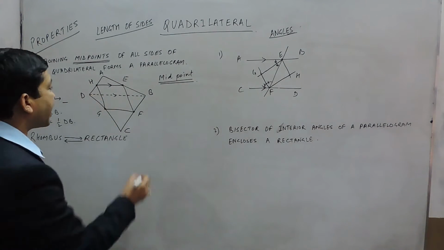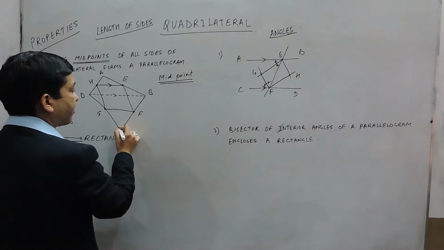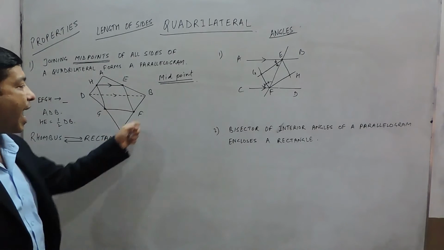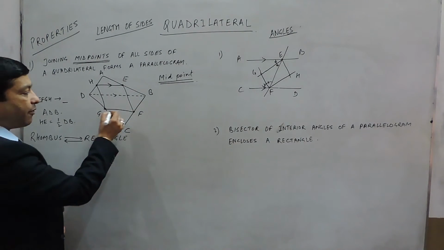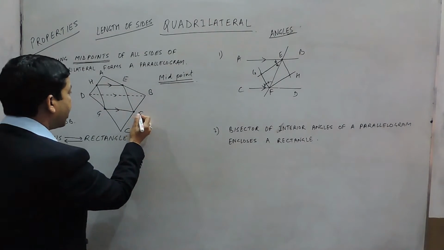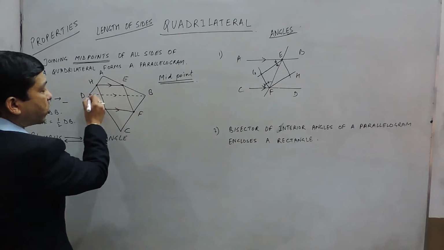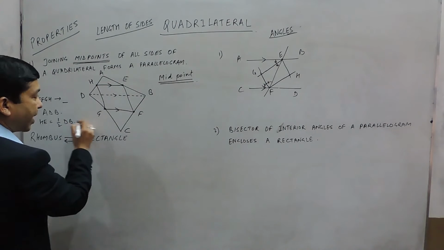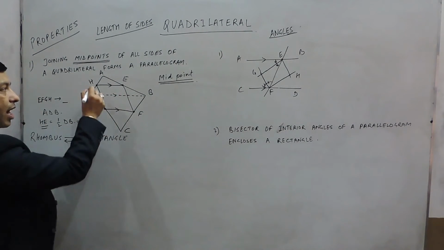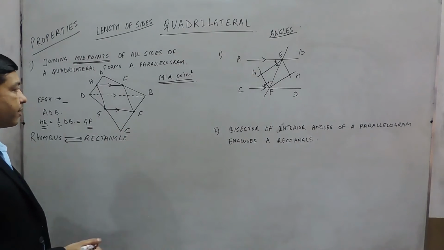Same way, if we look at the triangle DBC, then F and G are the midpoints of DC and BC. Definitely this line is parallel to this line as well as half of it. So when HE is also half of DB, which is equal to GF, we can say HE and GF are both equal in length.